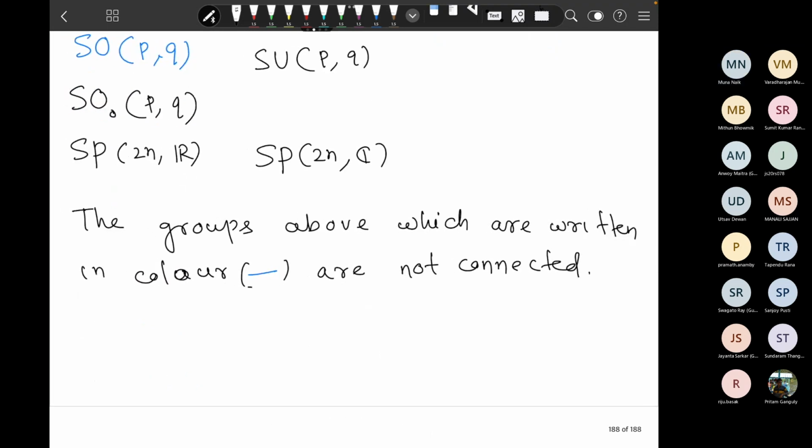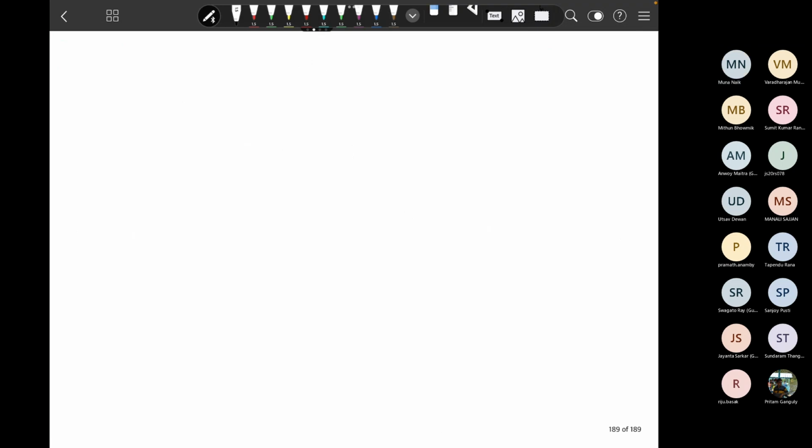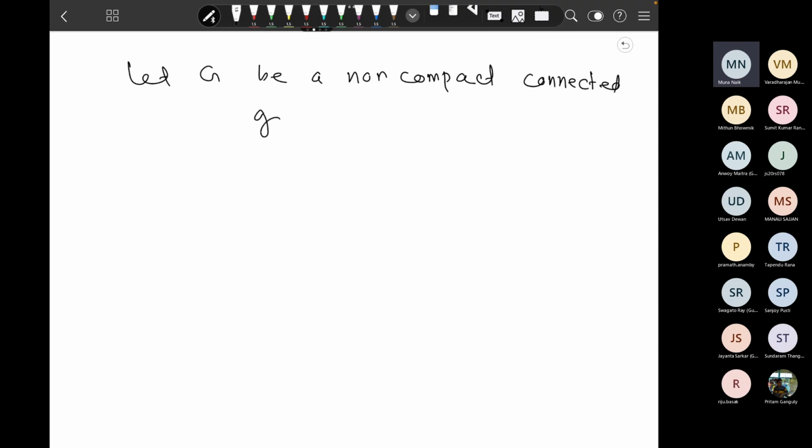Now, another thing to understand. Let G be a non-compact connected group. We have seen that pi 1 of G is equal to pi 1 of G intersection U(N).